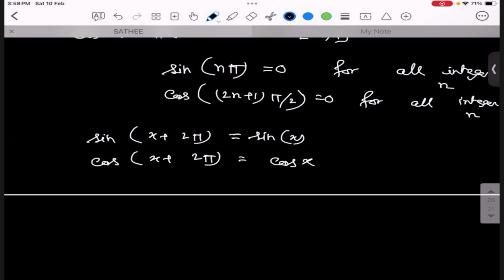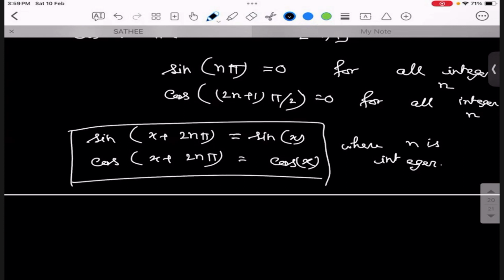And even we can write this not just as 2 pi, but as 2n pi, where n is an integer.